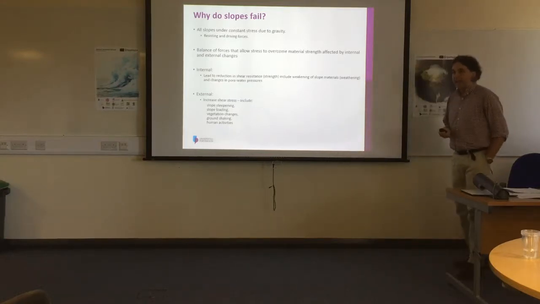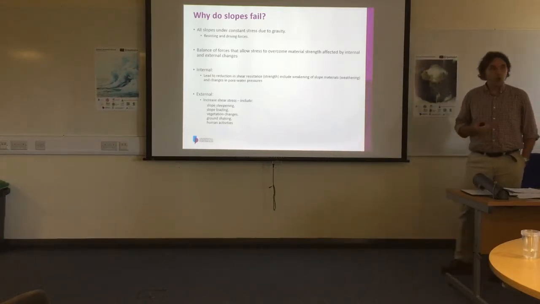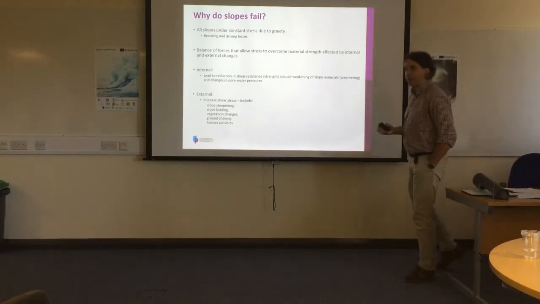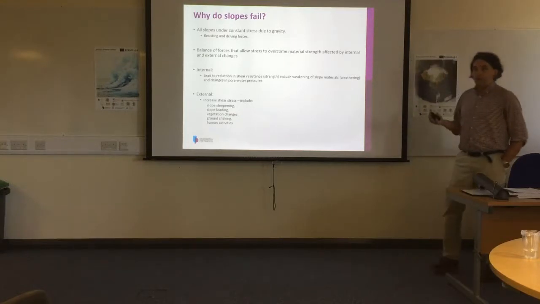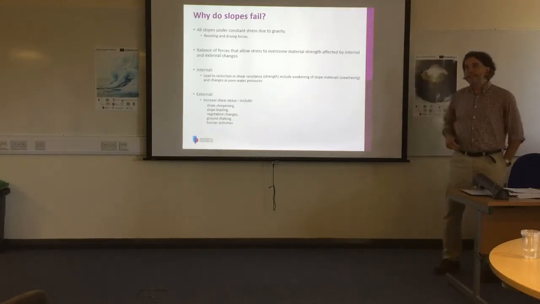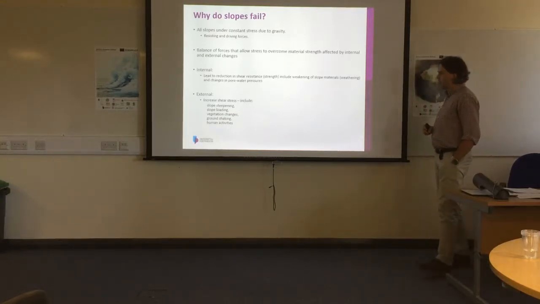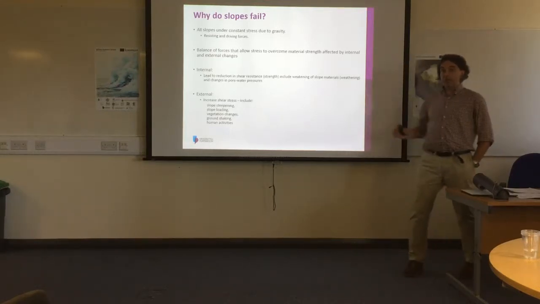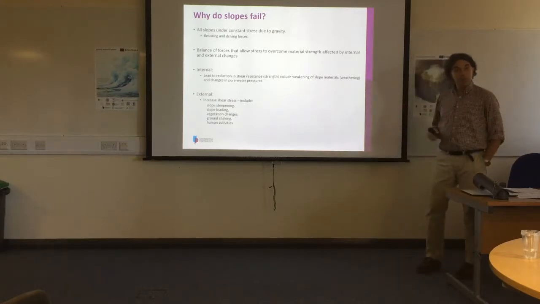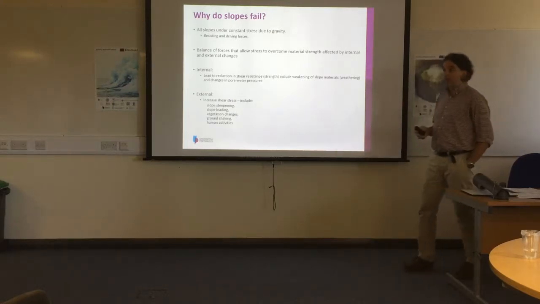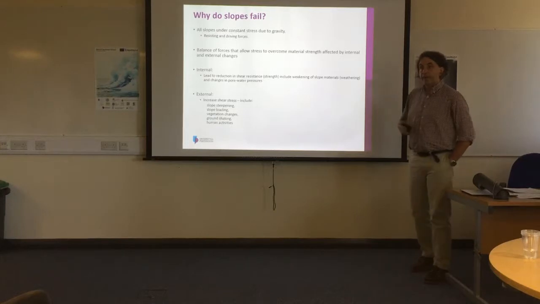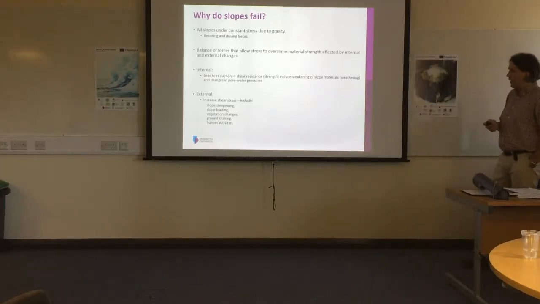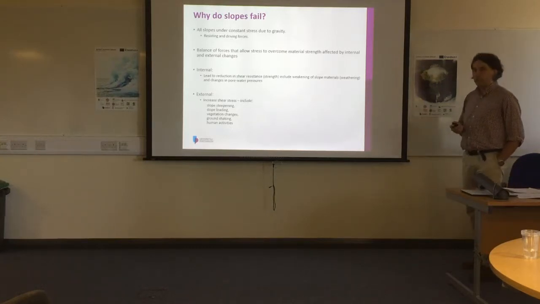However, external factors can cause a slope to fail: shaking the ground with an earthquake, loading it with tons of water, cutting the bottom of the slope, or building on top of a slope. There's a whole series of factors which can cause a slope to move.